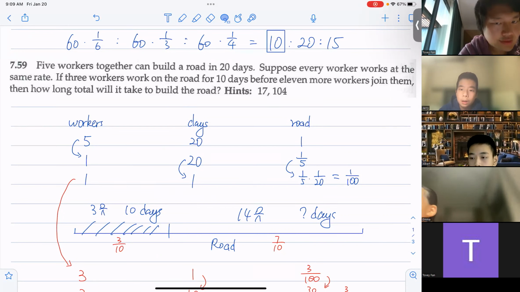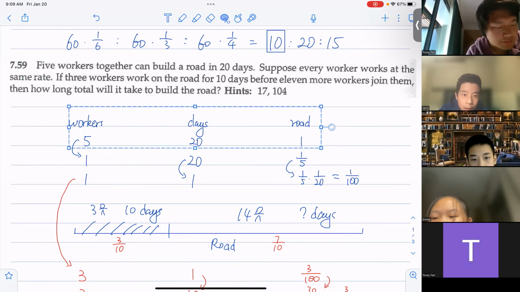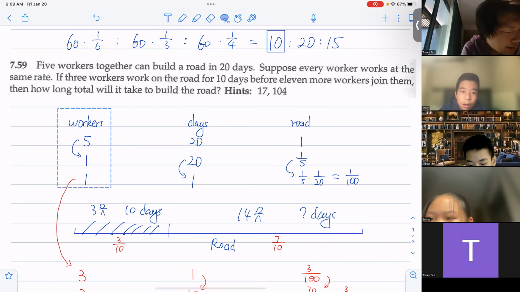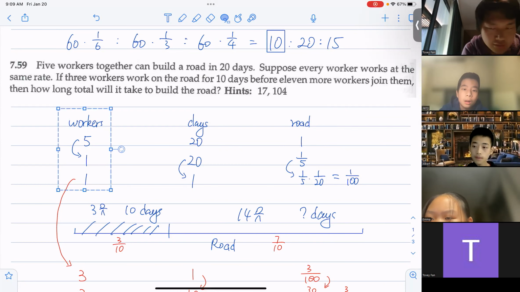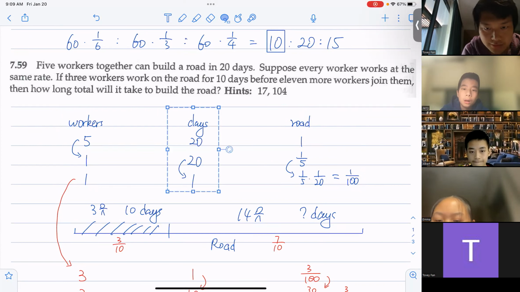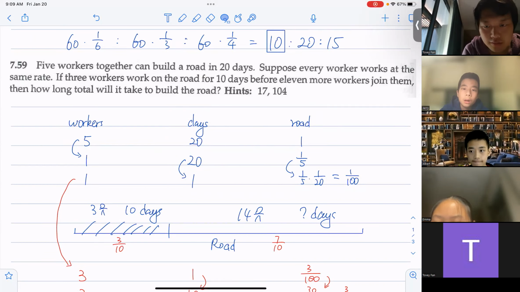So in this kind of question, you always list down the number of people, amount of time and amount of work. You will see that the relationship is always that if you divide the number of workers by some number, you divide your workload by the same number. And also, if you divide the amount of time by some number, you divide your workload by the same number, right?